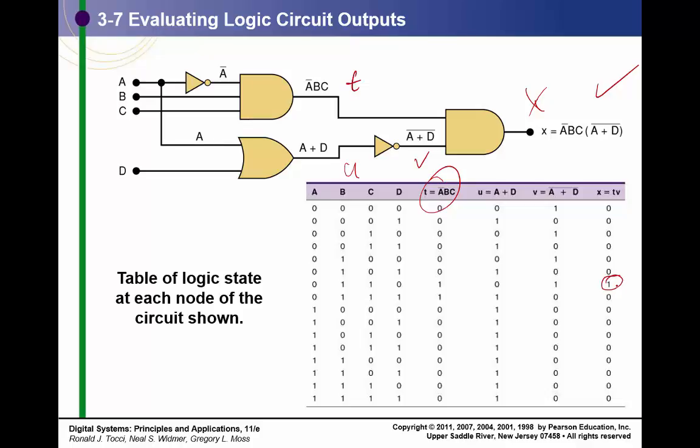So I could reduce this to a single gate very, very easily, because as I look at the final output, X is going to be equal to A naught B C D naught, a single gate with a single output. So a lot of times our circuits are much more complicated than they need to be, especially in this part of the book.